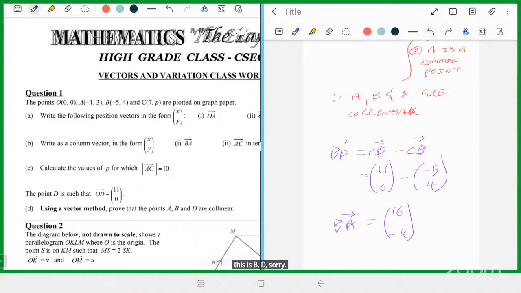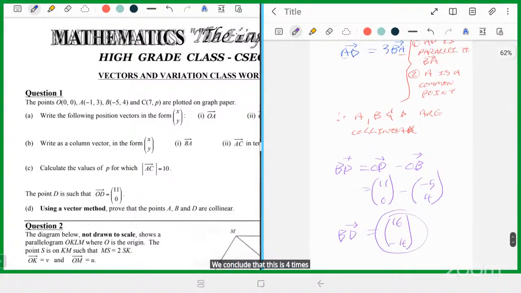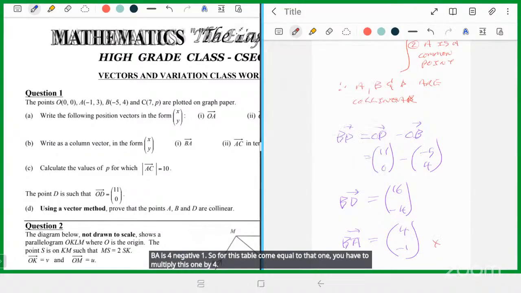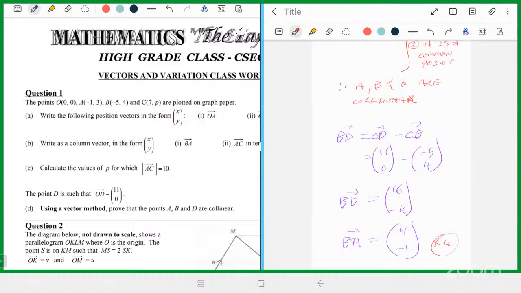This is BD, not BA. We can clearly say that this is 4 times now the BA. Remember, the BA is this, and the BA is this. The BA is 4 negative 1. So for this to become equal to that one, you have to multiply this one by 4. Which means that this large one is 4 times this small one.